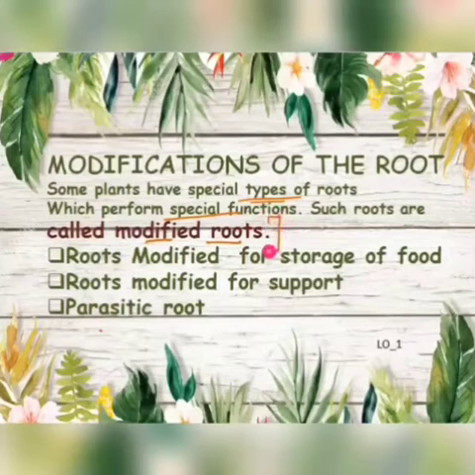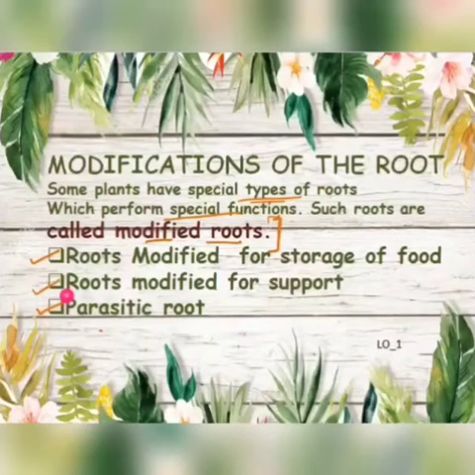These plants are classified on the basis of their roots performing special functions into three different categories. First, roots modified for the storage of food. Next, roots modified for support, and the third category is the parasitic roots. We are going to discuss these categories one by one in detail.